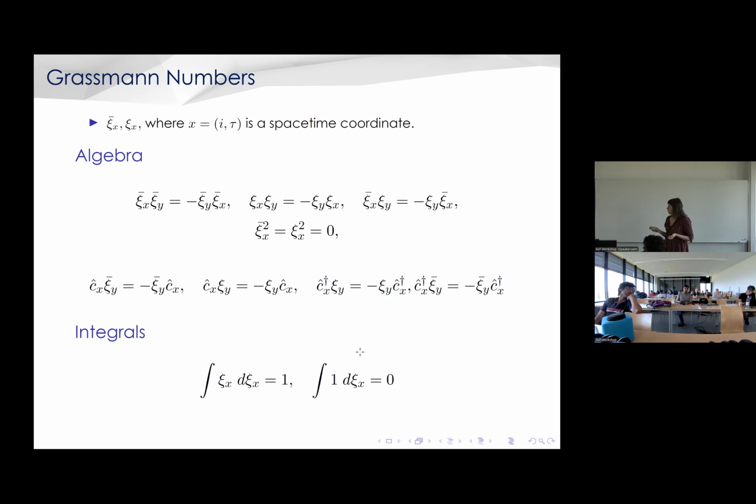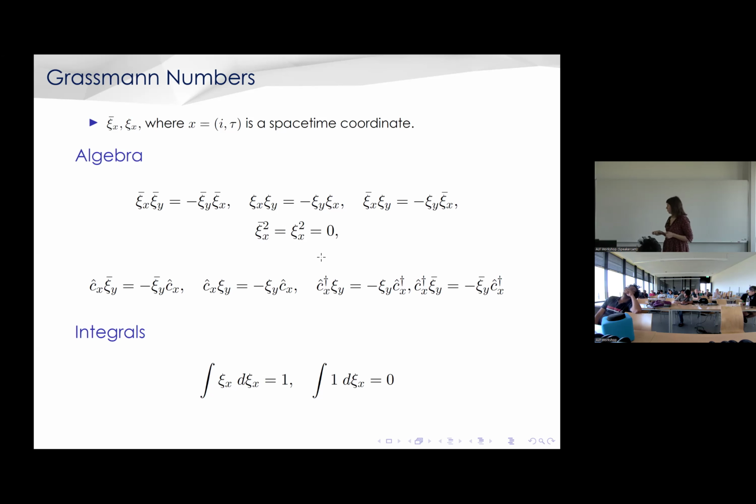For fermions in particular, when you have a path integral of fermions, you have to use Grassmann numbers. I am using Xi bar and Xi to represent two types of Grassmann numbers. Importantly, these x's refer to a space-time coordinate, with both i for the space and tau for the imaginary time. Just like with the operators for fermions, the Grassmann numbers have these anti-commutation properties, and if you square the same Grassmann number, you get 0.